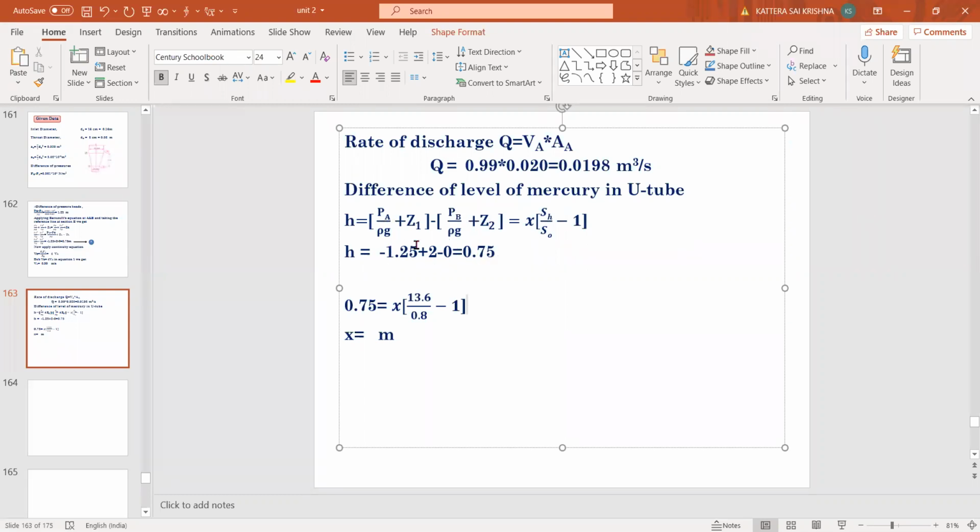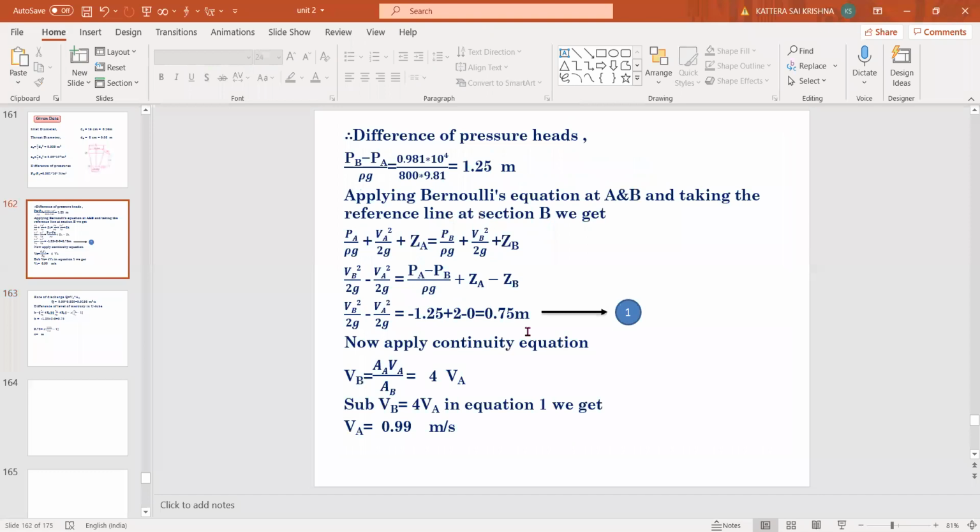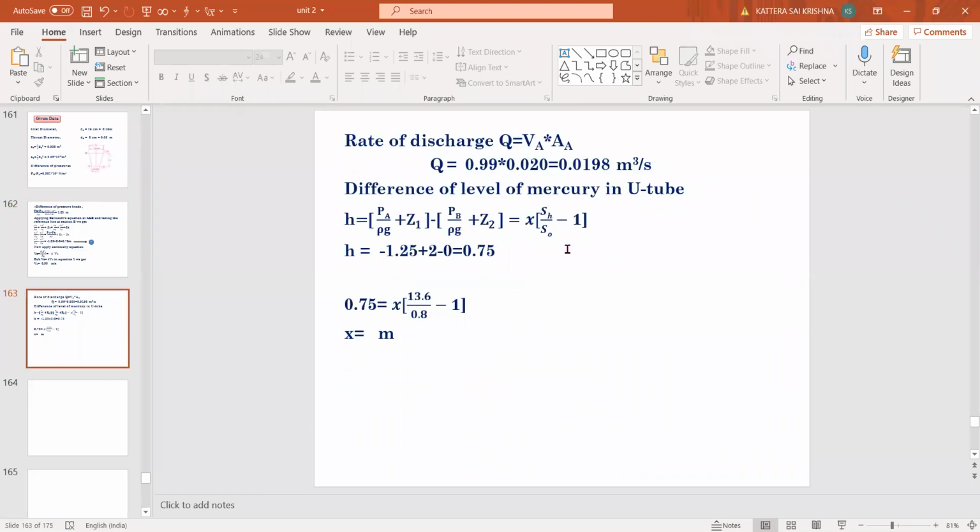Substituting these values, H equal to 1 minus 1.25 plus 2 minus 0, equal to 0.75.